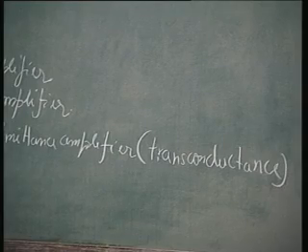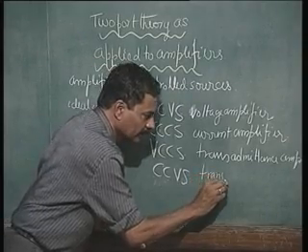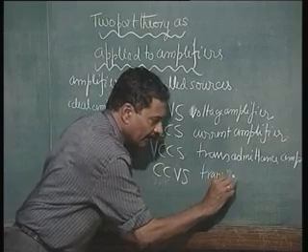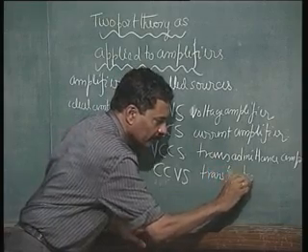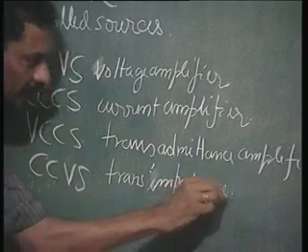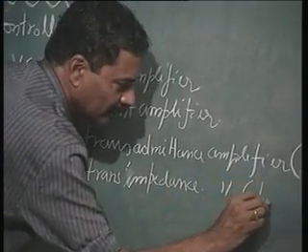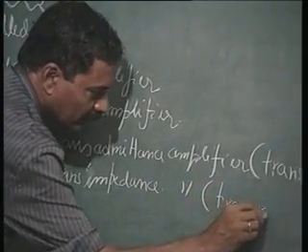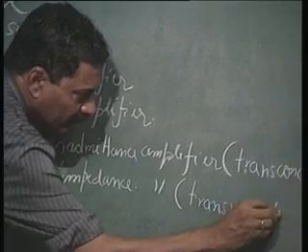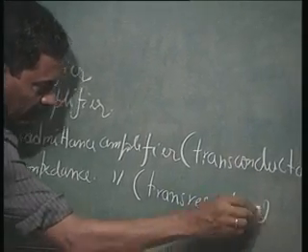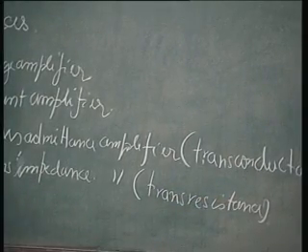This one is called an impedance amplifier, or more popularly called a transresistance amplifier. This is what we have discussed.